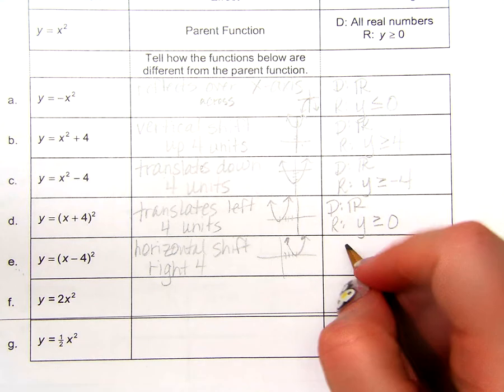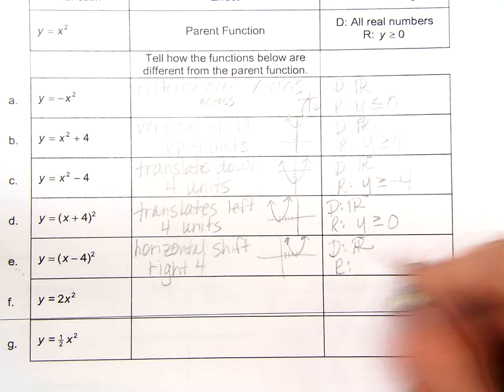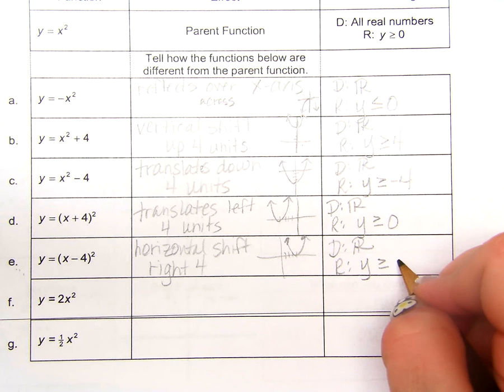Then tell me the domain. Okay, what's the range? What'd you say? 0. Very good.